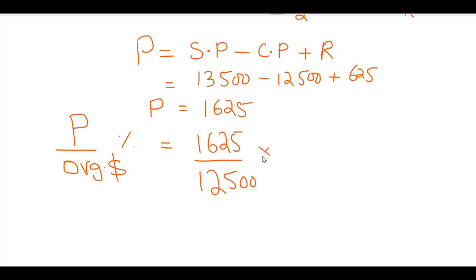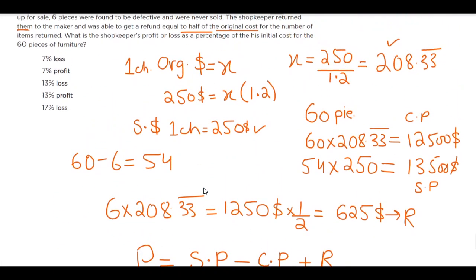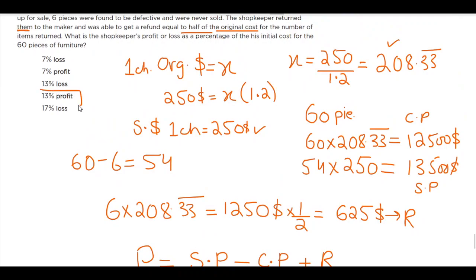All I need to do is multiply by 100. Let's use our calculator again: 1625 times 100 divided by 12500 gives me 13% profit, and the answer must be D.